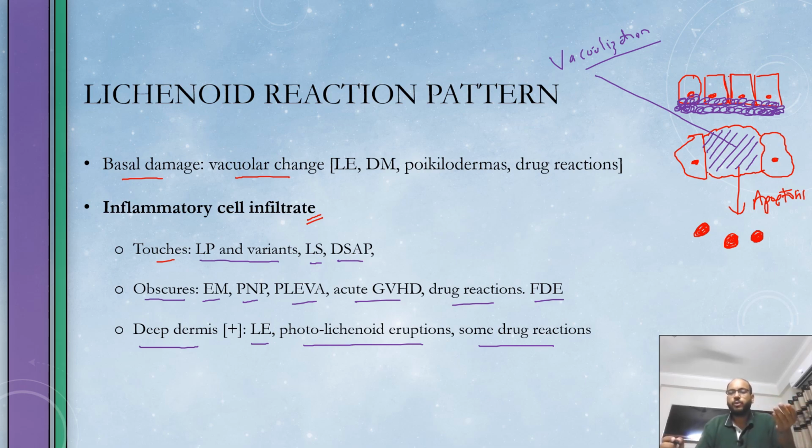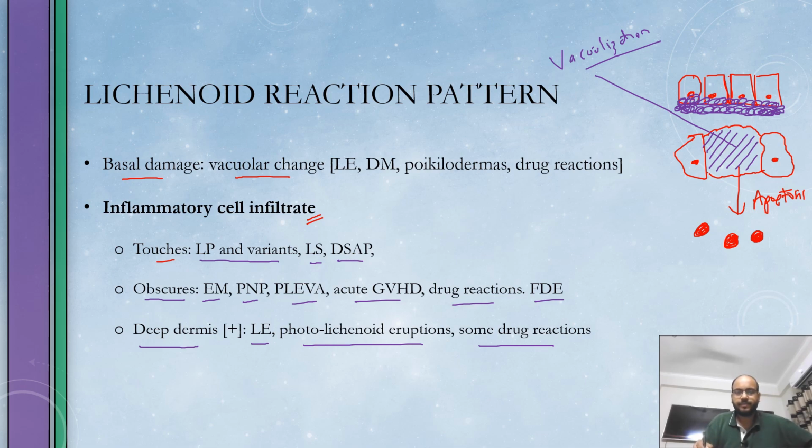So now you can understand why these two terms are used interchangeably, because they mean essentially the same thing. It just depends whether the infiltrate is just at the junction or obscuring the junction. But as we will see while discussing the different disorders, there's not much difference whether it touches or whether it crosses. That is why these two terms are used interchangeably, but there is a slight difference between them.